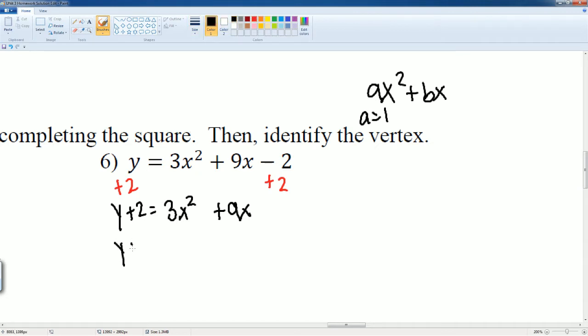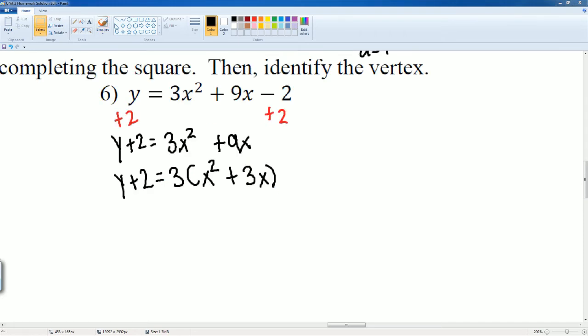So y plus 2 is equal to 3 parentheses x squared plus 3x. Do you see that? Because now you can actually complete that square here. So you see how I could factor out a 3 here?